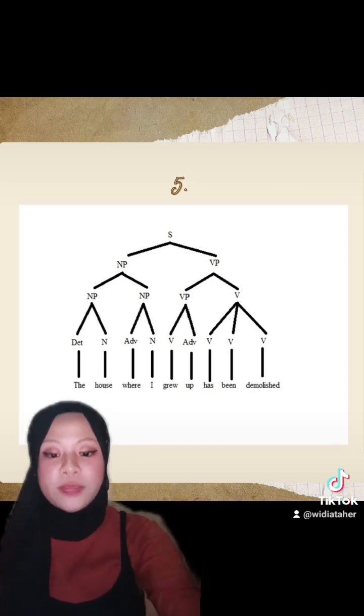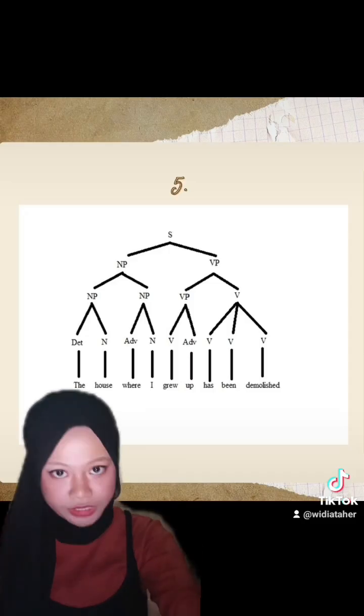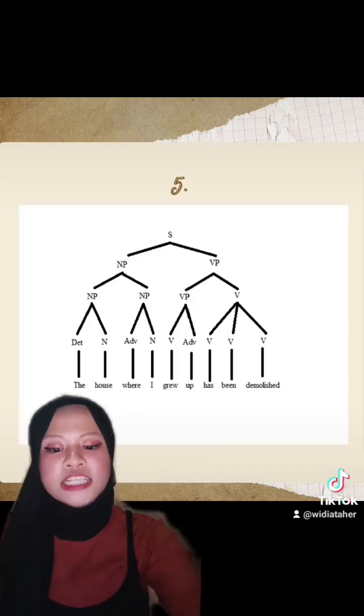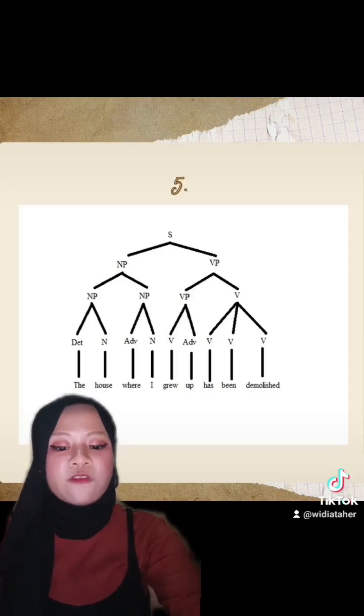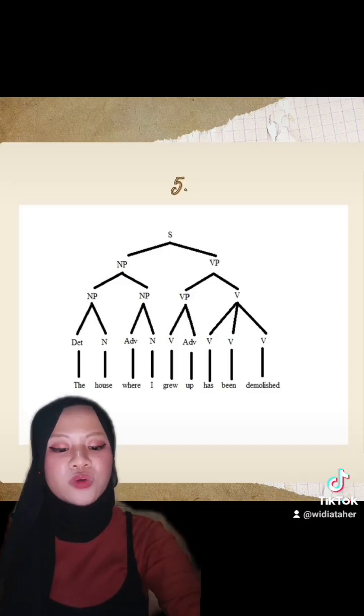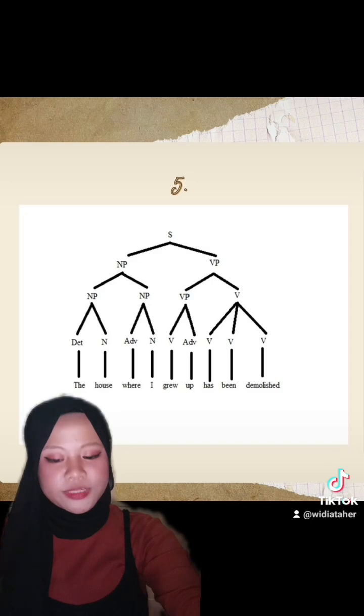In this diagram, the house is the main subject, or the noun. Has been demolished forms the main verb phrase. Where I grew up is a relative clause modifying house. Where is the relative pronoun introducing the clause.